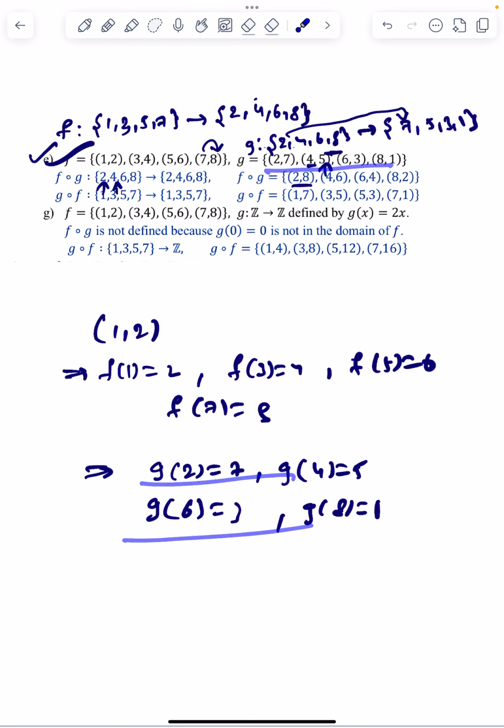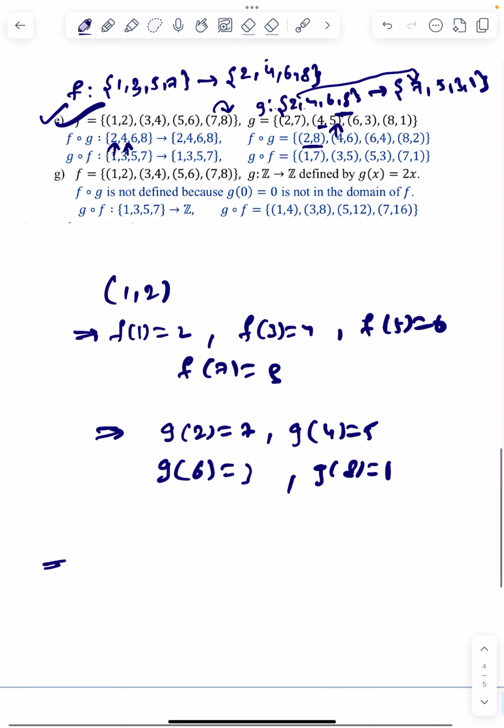Now I am going to find, for each domain value, the corresponding ordered pairs: for each input, what is the image value. Each domain element applied to the composite function gives us the ordered pairs.